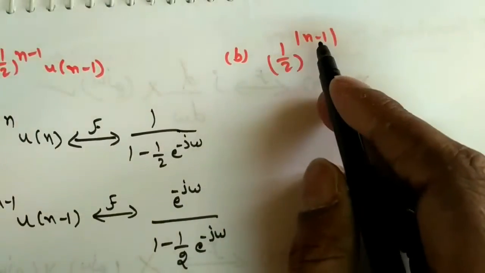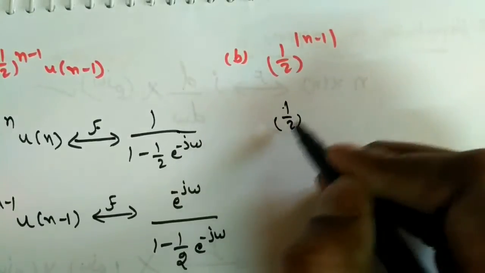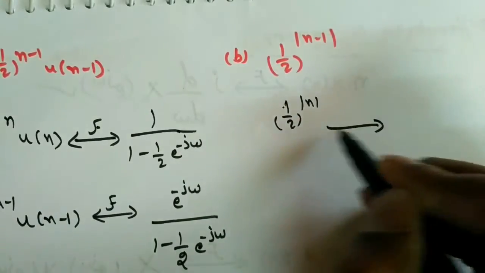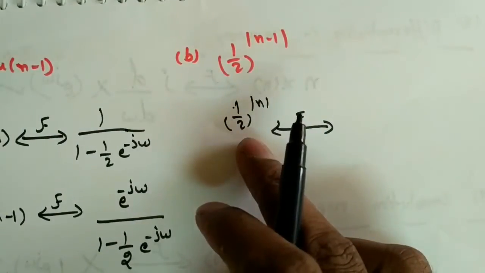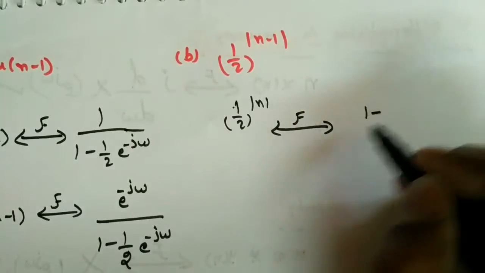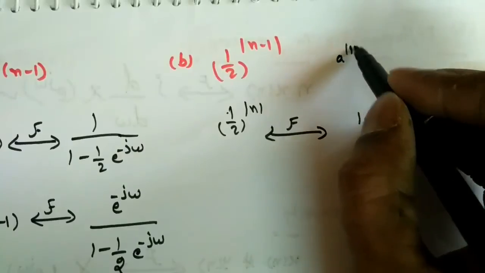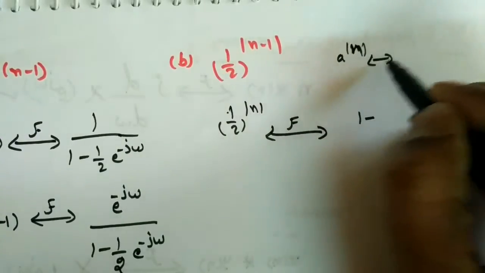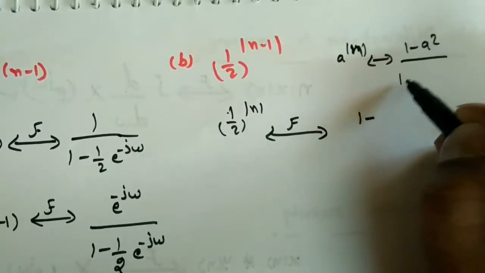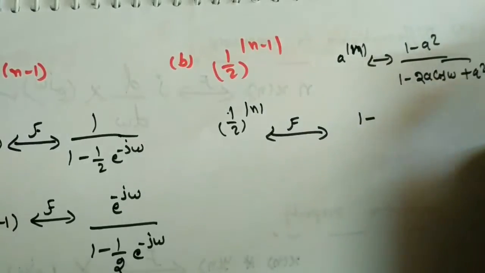Next one is 1 by 2 power mod of n minus 1. The basic signal is 1 by 2 power mod n. In the first lecture we found the Fourier transform of this signal. A power mod n gives 1 minus a square by 1 minus 2a cos omega plus a square.